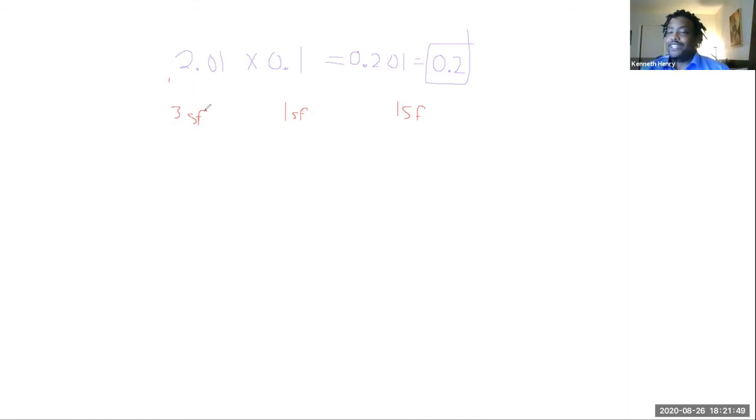Ready for the next one? I have a question, Dr. Harry. Yes. In multiplication with sig figs, if we have the answer to be 0.201, and maybe we're given this number and asked to put it in significant figures, are they going to be the same answer?